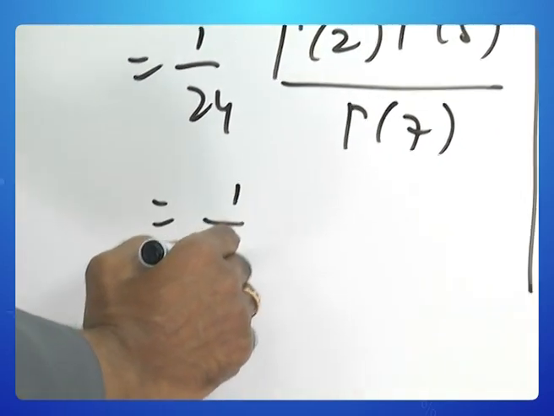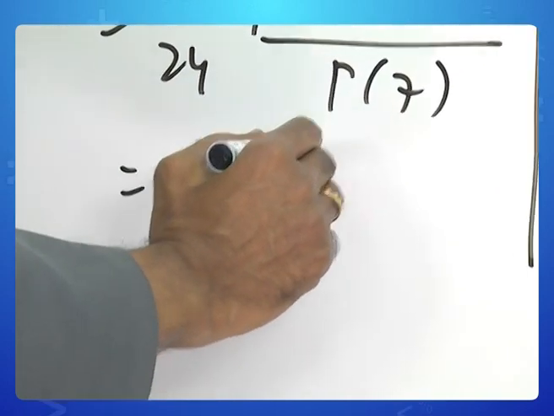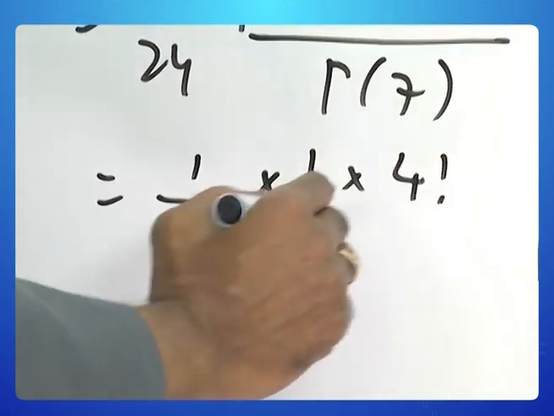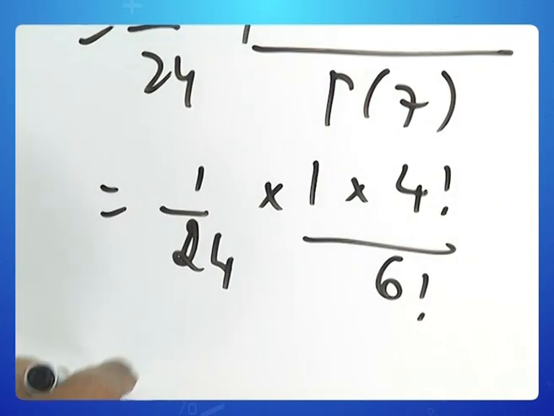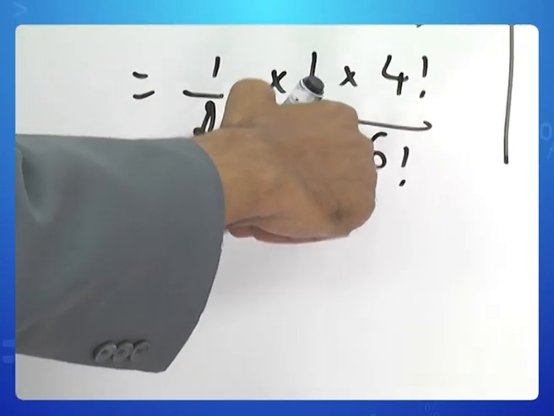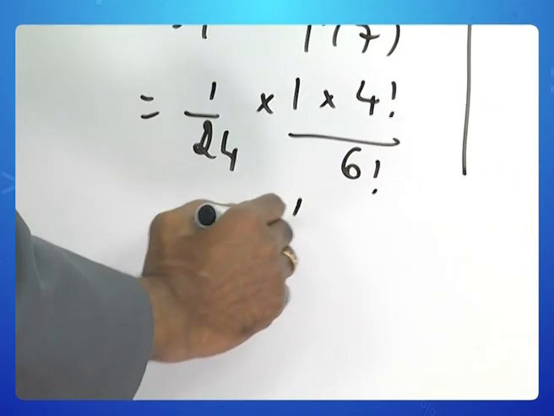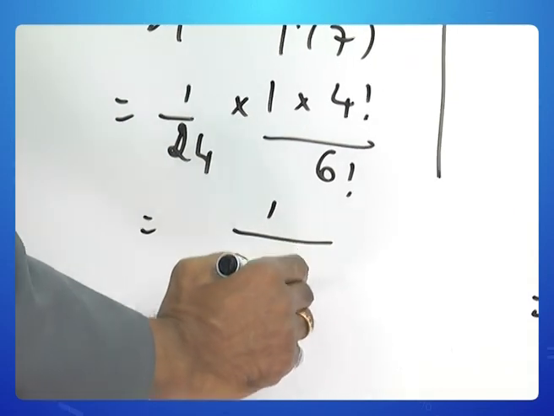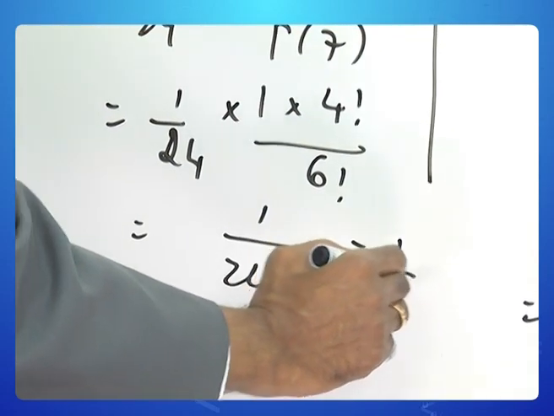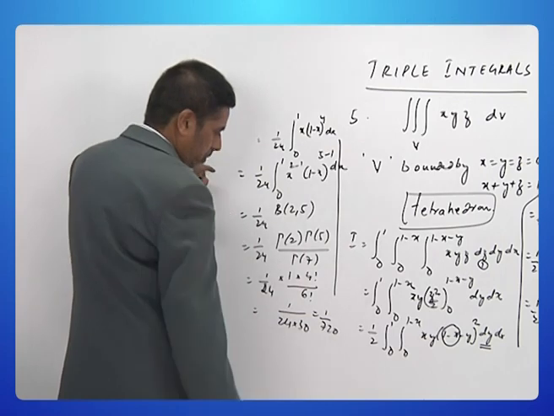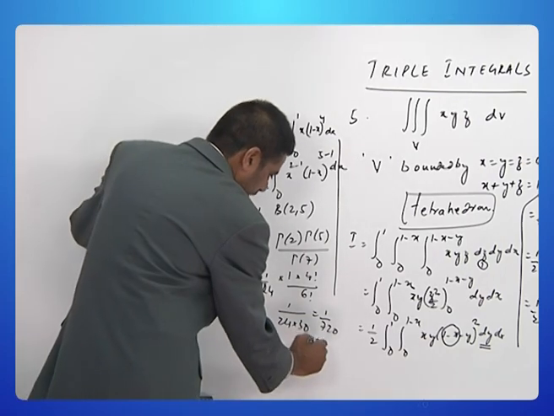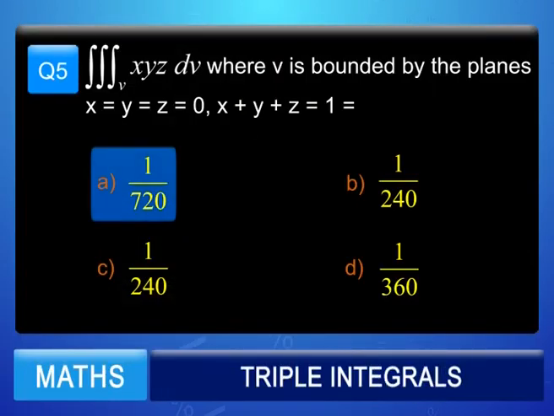So this will be 1 by 24 into 1 into 4 factorial by 6 factorial. So this 4 factorial will cancel 6 factorial, leaving 30 times. So therefore we will get 1 by 720. And option A is a correct option for this one.